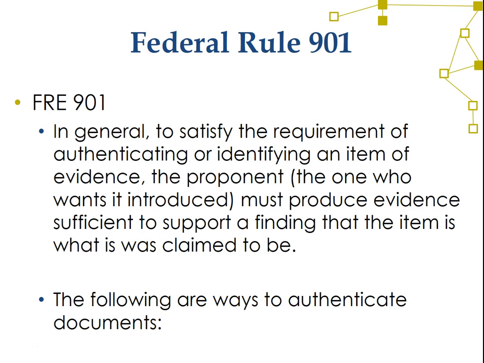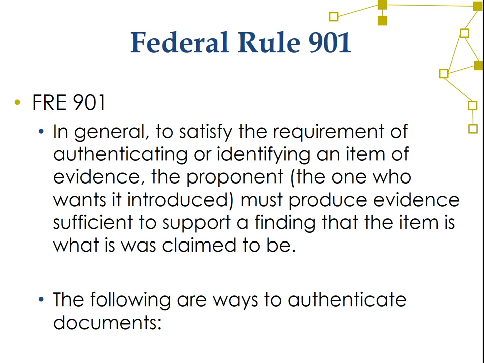So in general, in Federal Rule 901, to satisfy the requirement of authenticating or identifying an item of evidence, the proponent, the one who wants it introduced, has to produce evidence sufficient to support a finding that the item is what it's claimed to be.